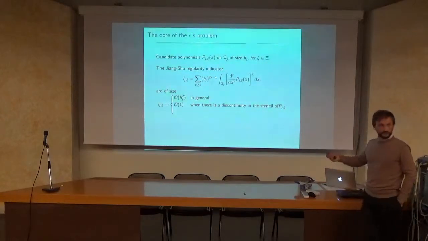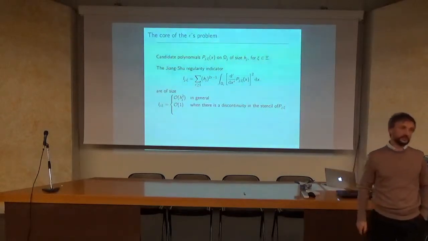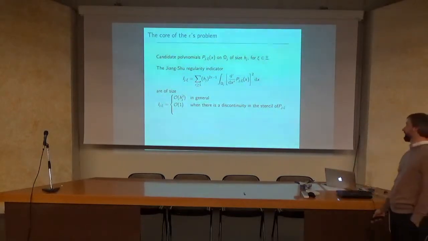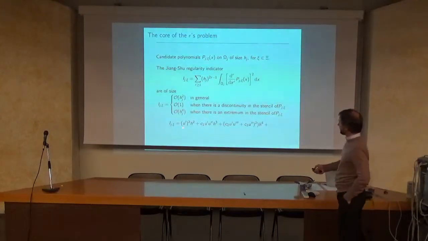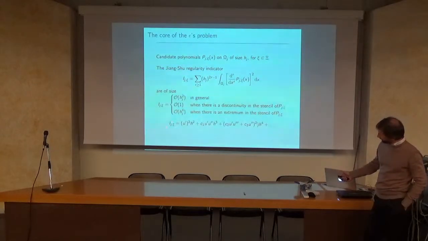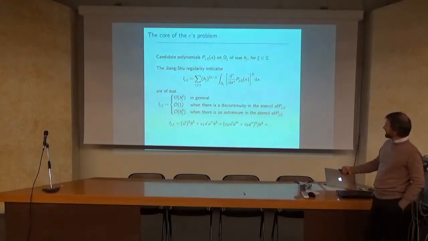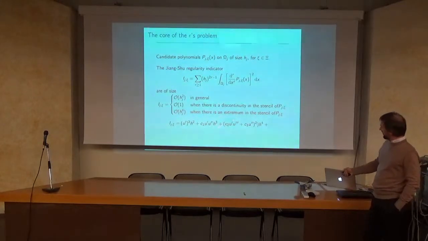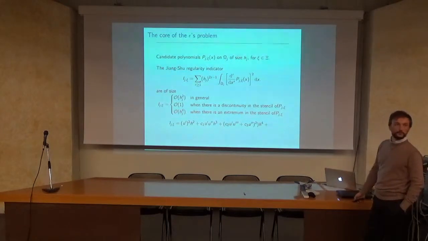And this is the trick that makes them useful in the CWENO procedure. However, the bad news is that if you see the asymptotic expansion of these indicators, you see that when you're close to a local extremum, many terms drop out and they become of order h to the power 4.